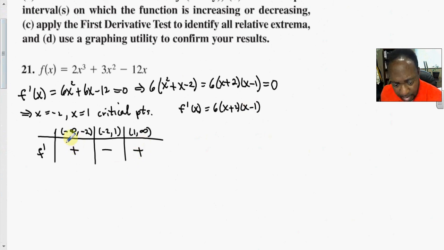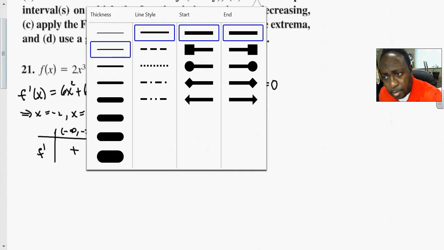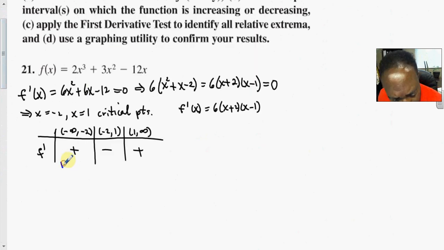So the plus sign means increasing. Here is decreasing. And here increasing.